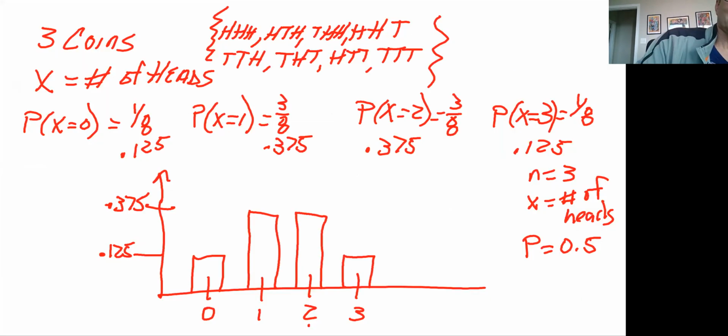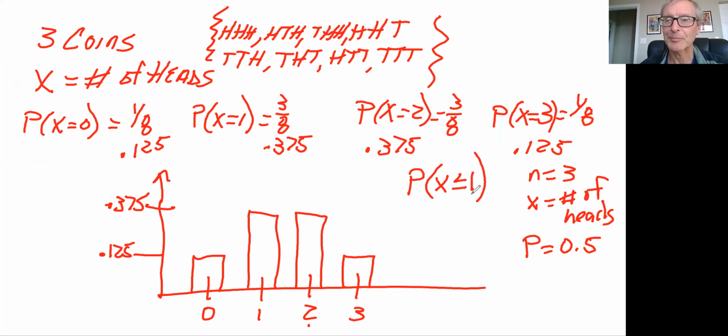let's ask the question, what is the probability of you getting x less than or equal to 1 head? So what does that mean when we add up these probabilities? So that would be the probability of 0 and the probability of 1, right?